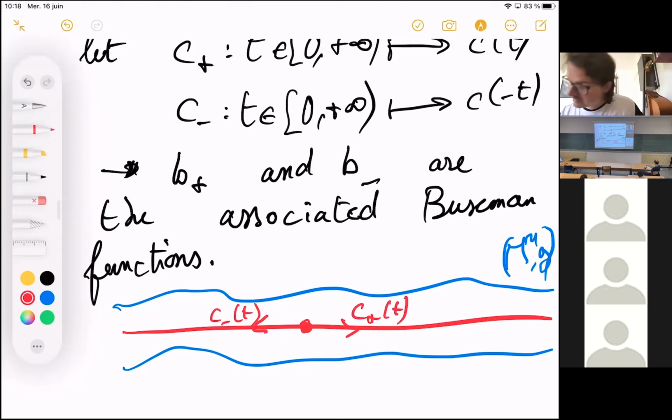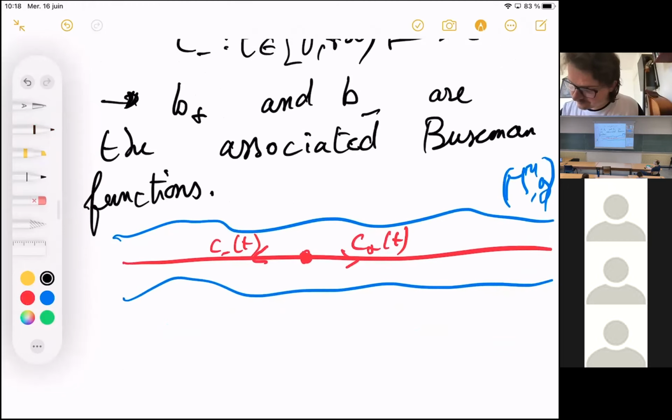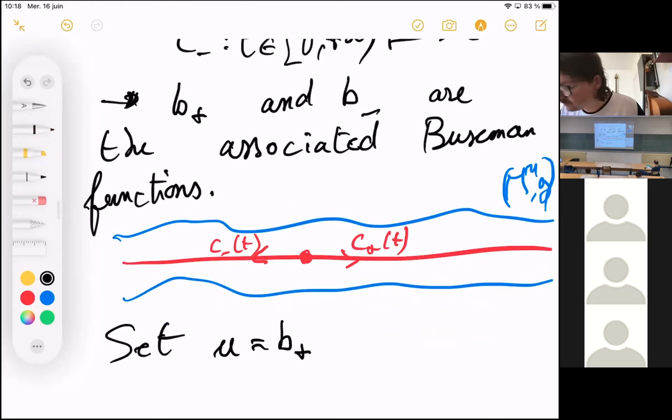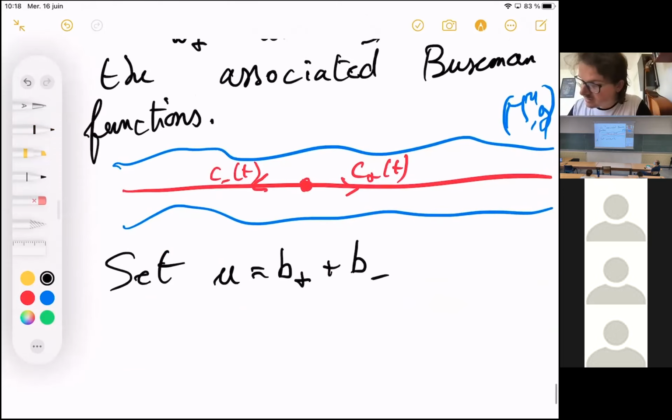Okay, now I define a new function from these two Busemann functions: b plus plus b minus. And I will note the following, which again doesn't use anything about the Ricci curvature, just a consequence of the triangle inequality.